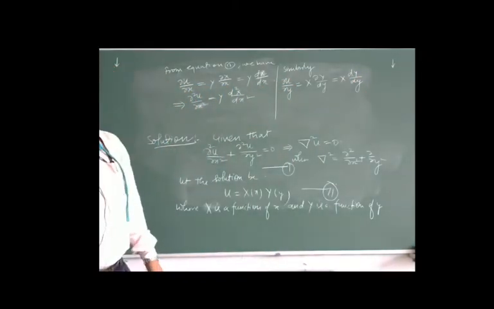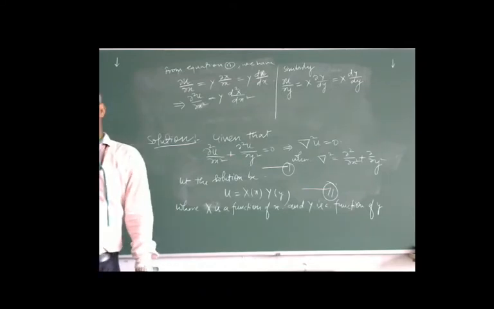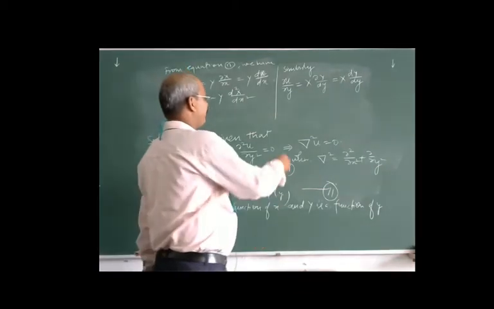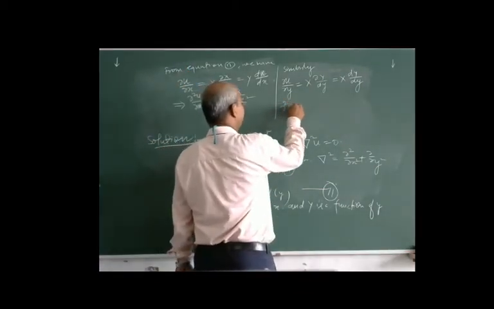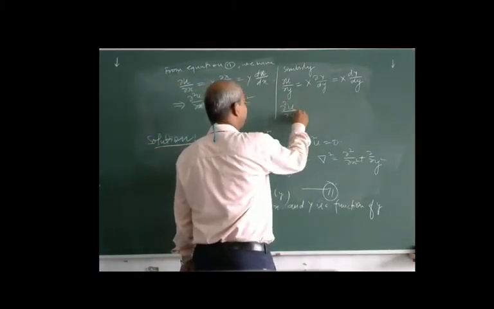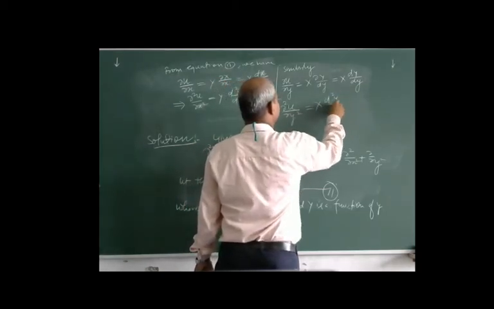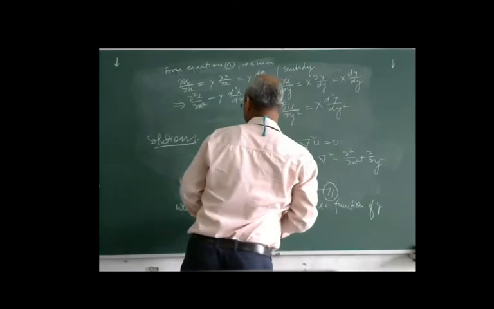In the numerator there is a capital Y and in the denominator there is a small y. In a similar way we will find del 2 u upon del y squared, which is X d2Y by dy squared.